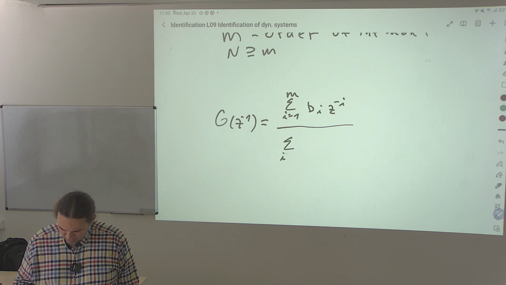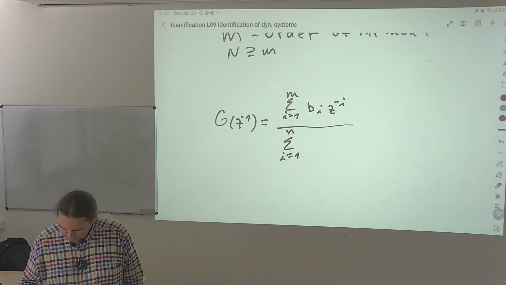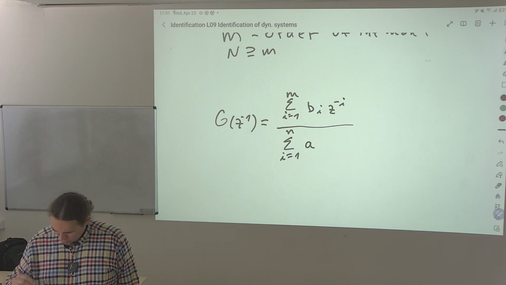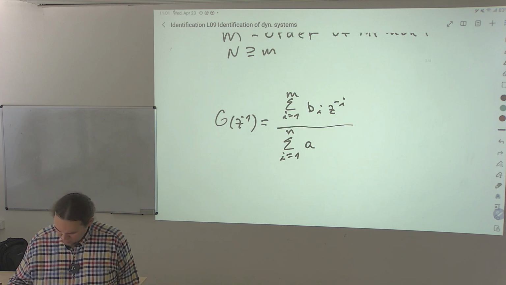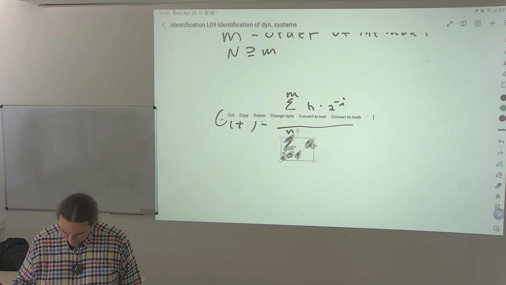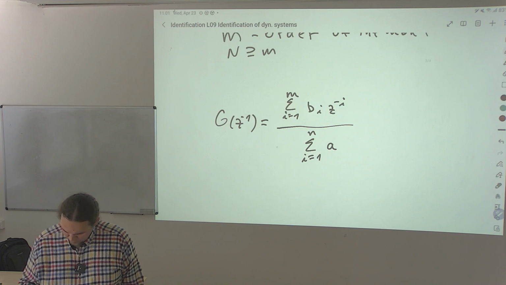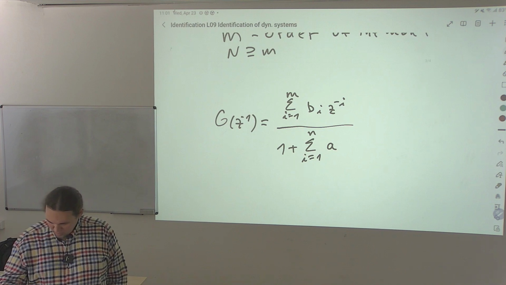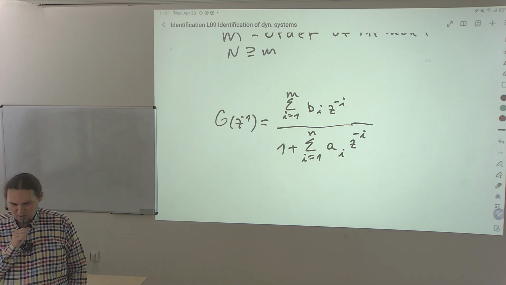And we can extend this denominator. Oh, here it will be good to have one, because that's what you are used to see, and there is some z to the power of minus i.